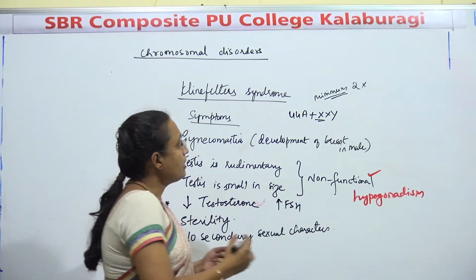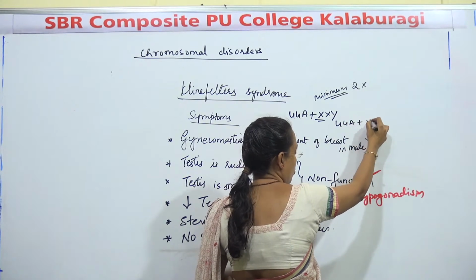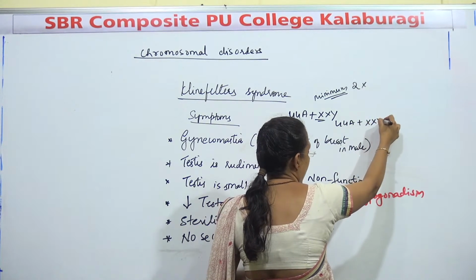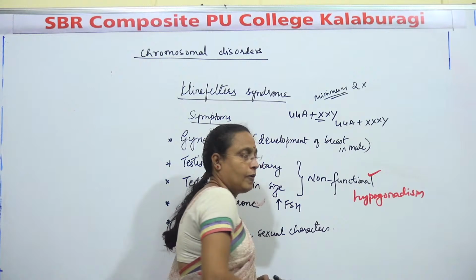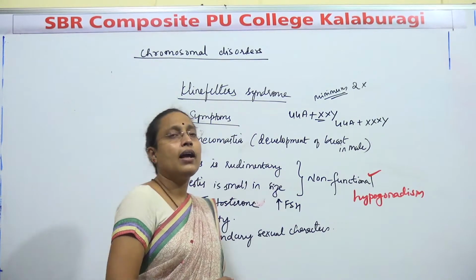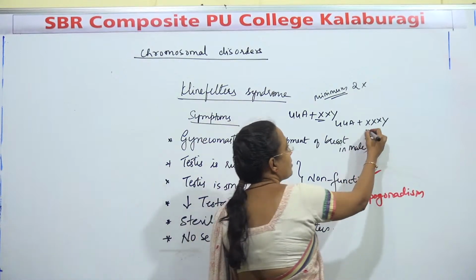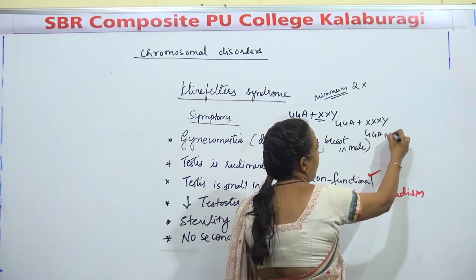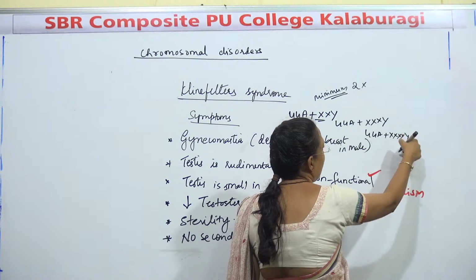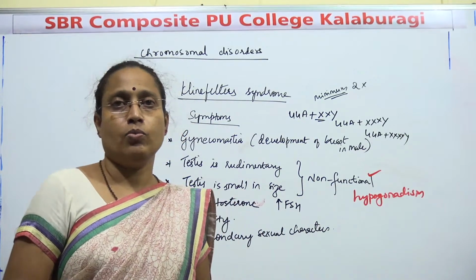And suppose a person survives with the complement XY, which syndrome is that? That time also it is called Klinefelter's syndrome. Then if I consider further 44A plus XXXY, like that, still it is considered Klinefelter's syndrome.